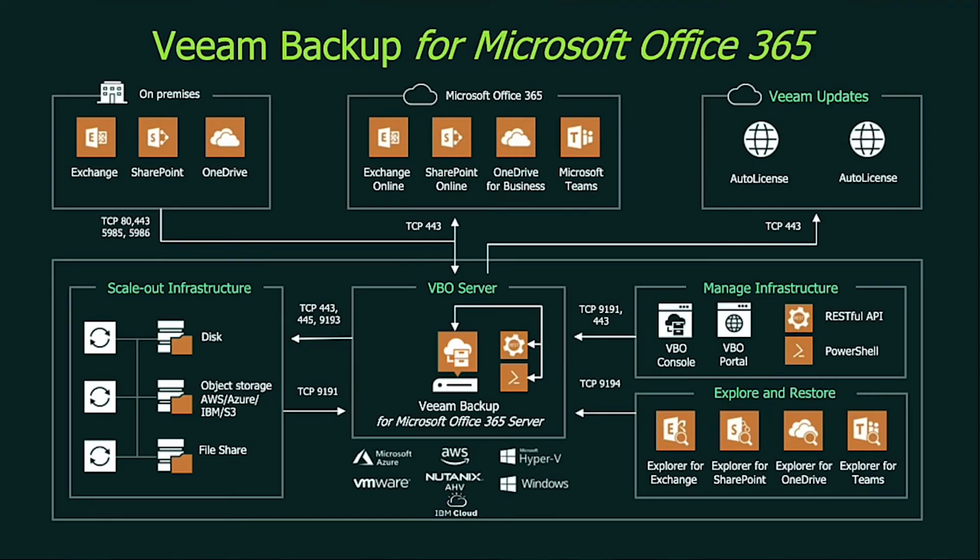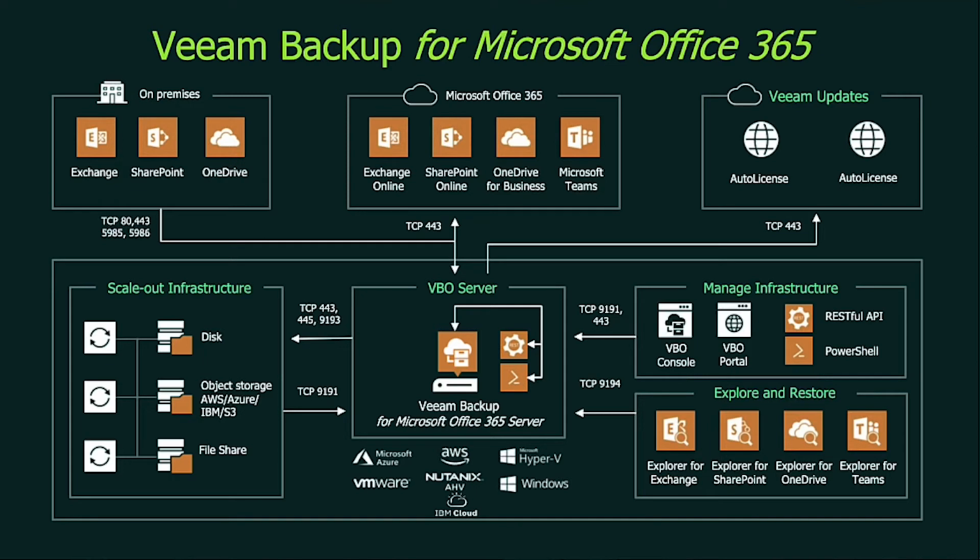Taking a look at this scaled out, we have the backup server in the center of our console here, and you're able to deploy to all of the different types of infrastructures, from Hyper-V and virtualization types of networks to cloud infrastructures. Then you can scale out to many different disk types. You're not locked into just, say, using object storage or file shares.